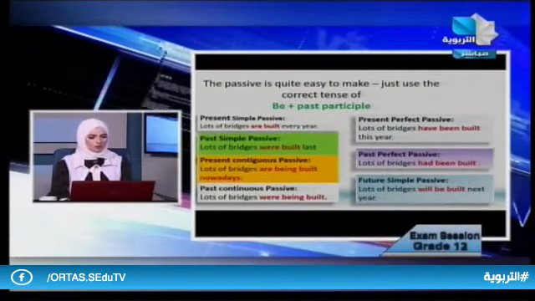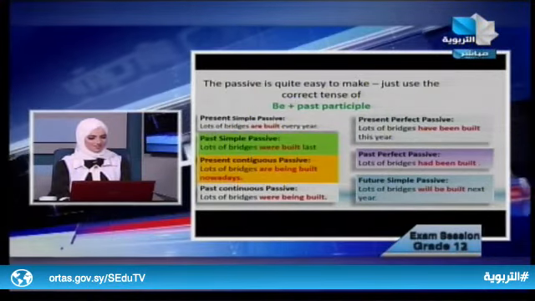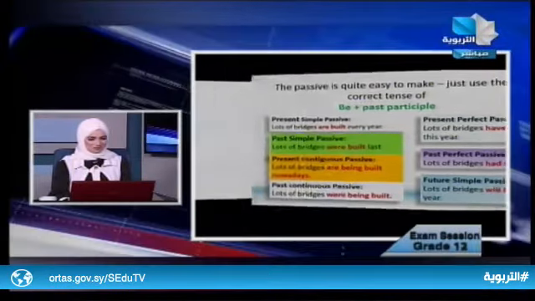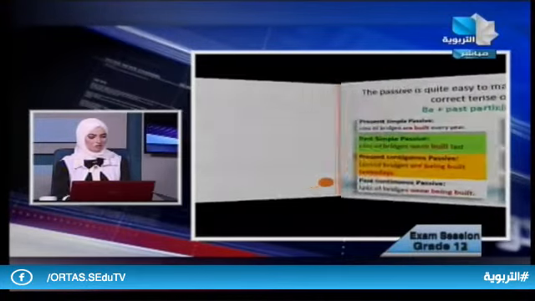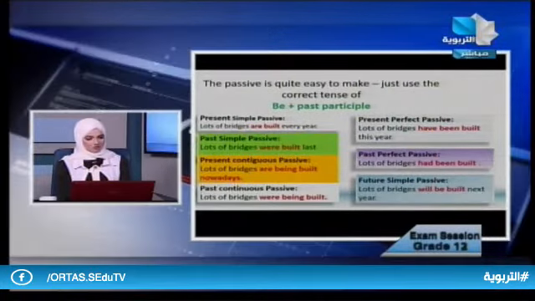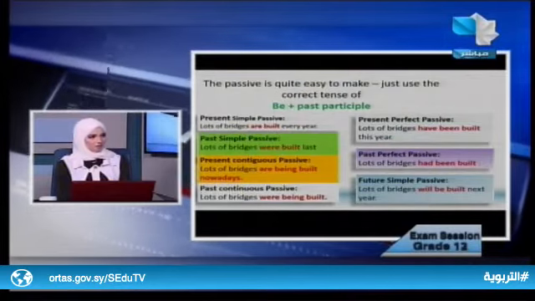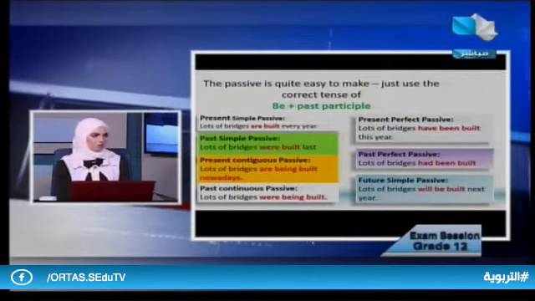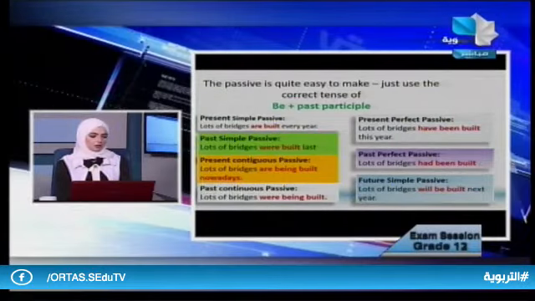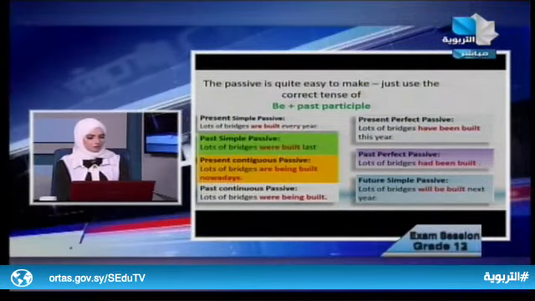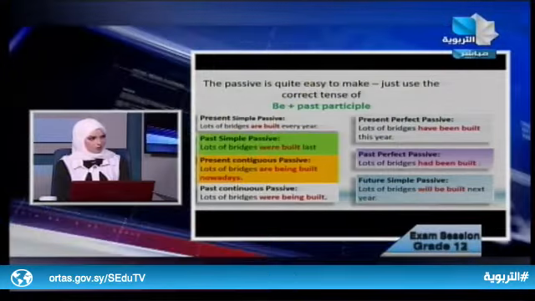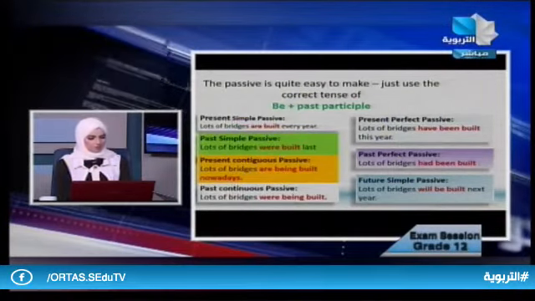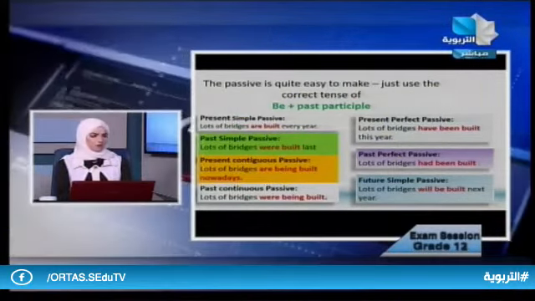Present continuous passive: we have to put am, is, are being plus past participle. For example, lots of bridges are being built nowadays. Concerning past continuous passive, we have to put was or were being plus past participle. For example, lots of bridges were being built.